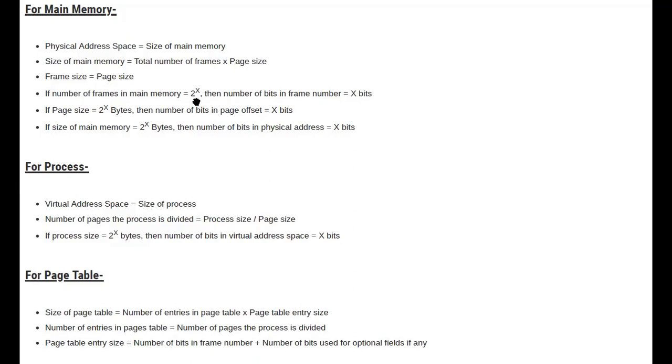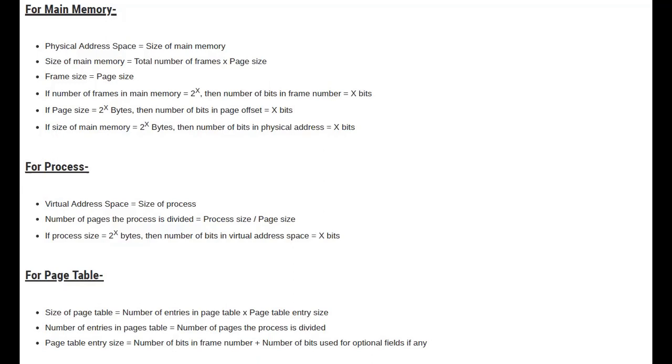Now, if we are having 8 frames in the RAM, how many bits will be used to denote a frame number? 0 to 7 are the numbering of the frame number. So how many bits you will require? Obviously 3. If 16 frames are there, then how many bits are required? 4.